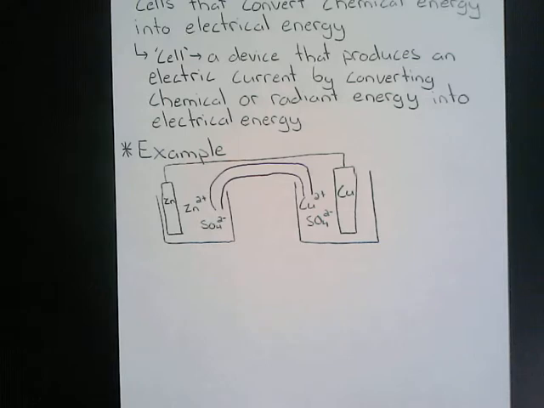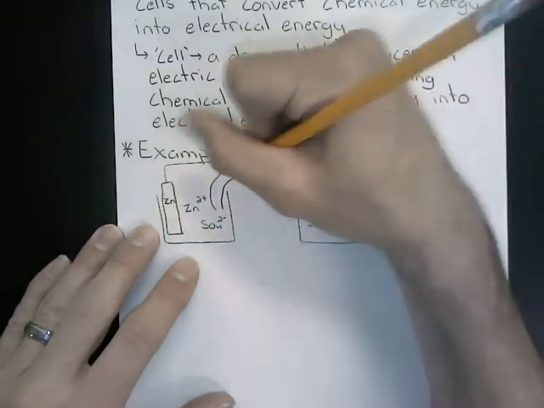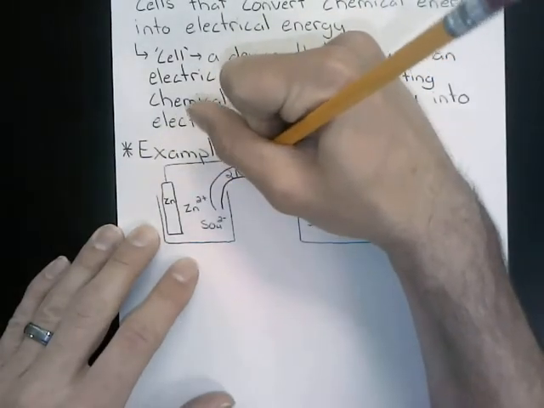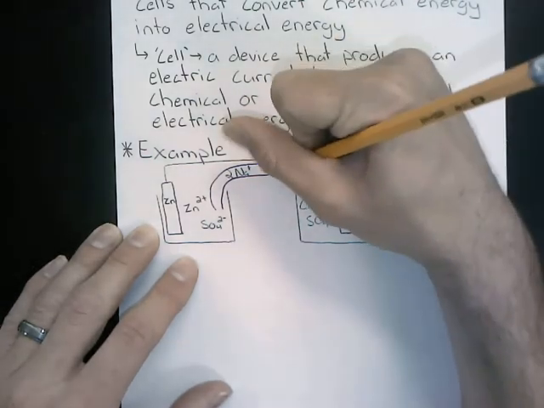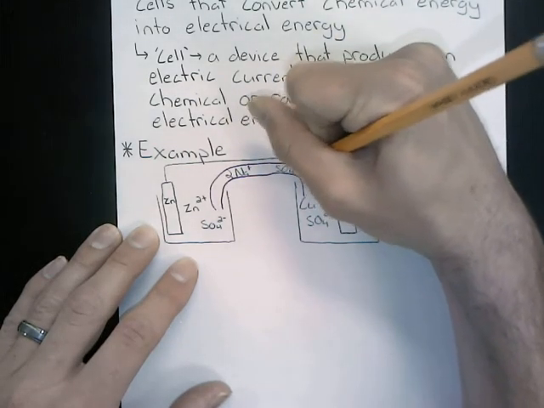Okay? Now, we call this a salt bridge because we need the transfer of some ions to help make our electricity roll. So this salt bridge here would have 2 sodium ions and an SO4 2- ion.